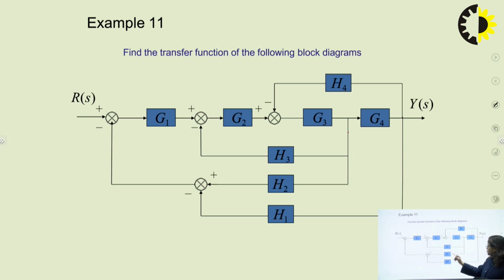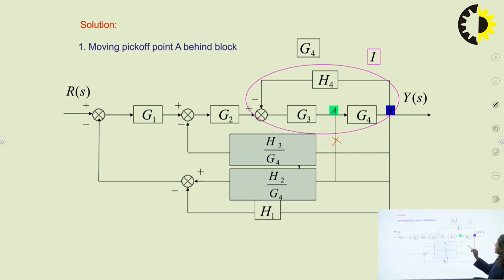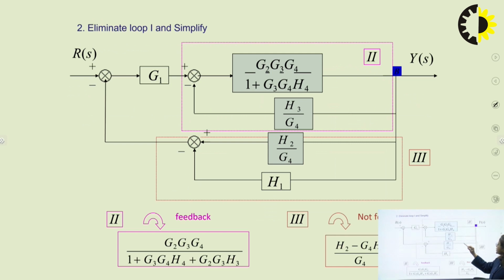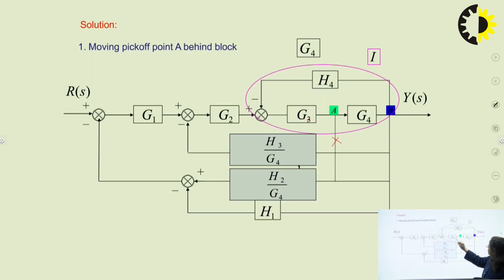So H3 and H2 both will be divided by G4, and these two blocks will come in cascade, that is G3 G4, and then there is a feedback. So G3 G4 upon 1 plus G3 G4 H4. So we move this towards left, both are divided by G4. These two blocks will come in cascade and G3 G4 into H4.